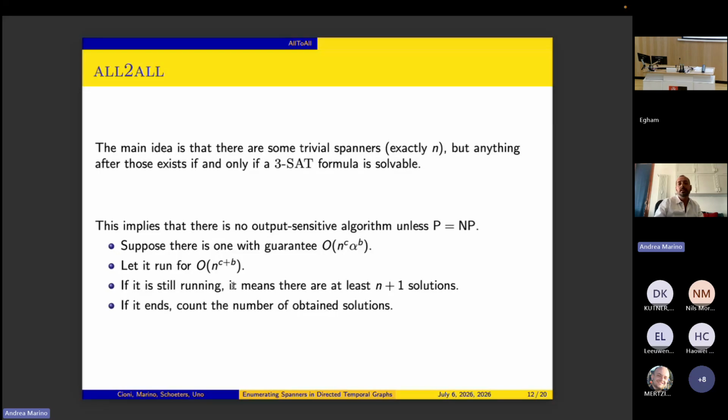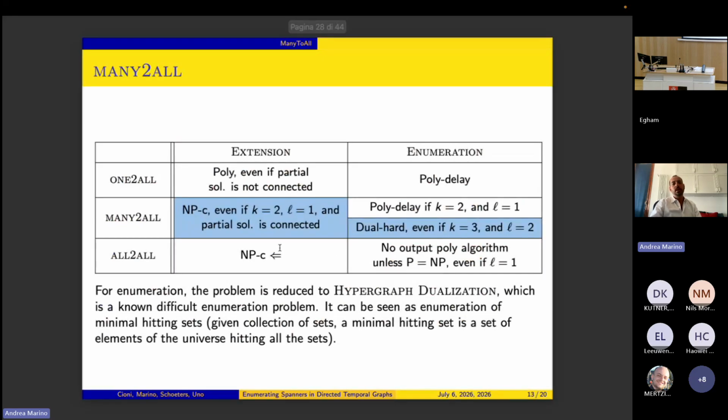So basically, this is excluding the possibility of an output polynomial algorithm for this case. And instead, if we go to many to all, you can see that we went from delay polynomial to no output polynomial, and what I'm going to present is somehow in the middle, even in terms of complexity.